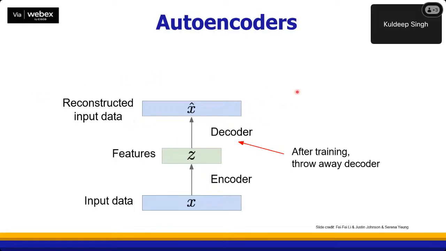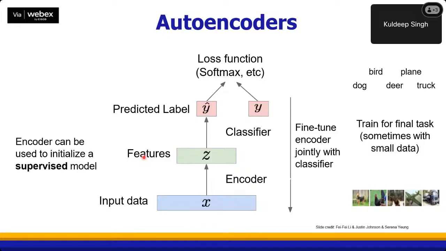What we are going to do with this feature representation is use it for any of the supervised tasks. This encoder can give me a feature representation of the input data. And then once I have extracted these features, I can use them to train any classifier and use it in a supervised manner.